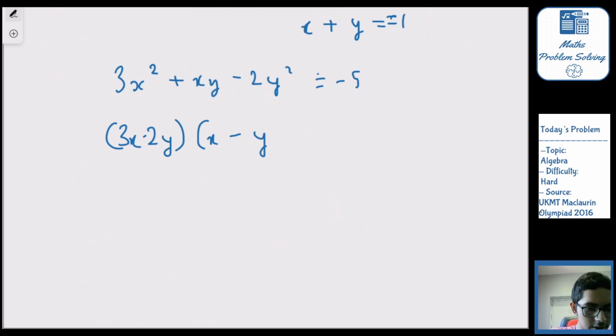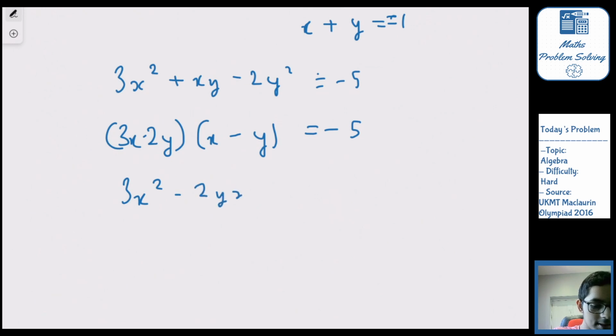I'm not quite sure it's going to be this, but we can verify this quickly by expanding it out. If we expand this out, we get 3x squared minus 2yx plus 3xy minus 2y squared.